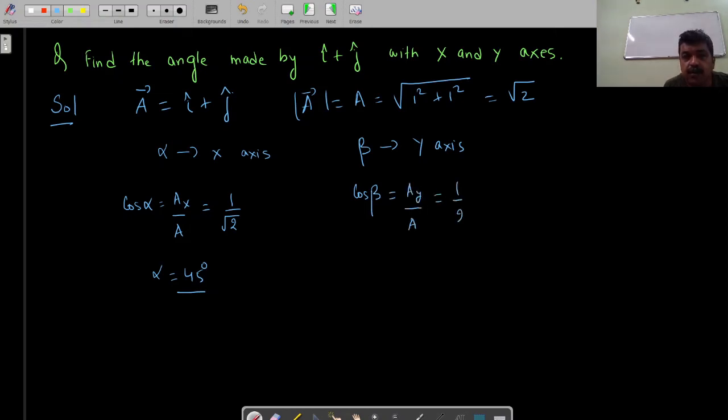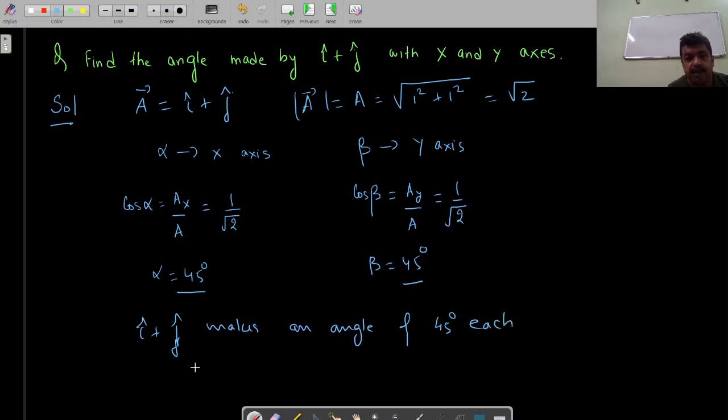Ay is also 1, so 1 by root 2, so beta is equal to 45 degrees. So this i cap plus j cap makes an angle of 45 degrees each with x-axis and y-axis.